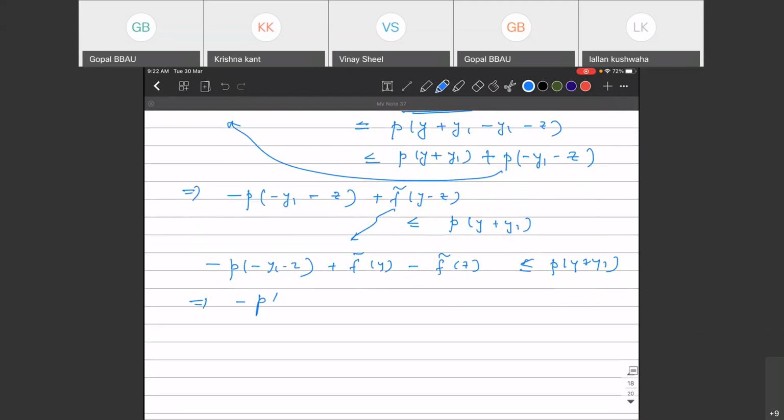This is nothing but p of minus y1 minus z minus f tilde z less than or equal to the right-hand side. Now bring it here, so you get this inequality.